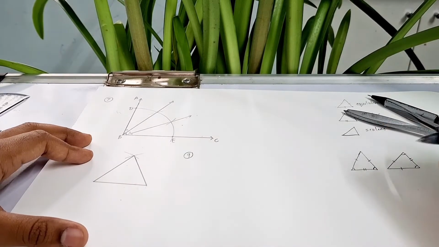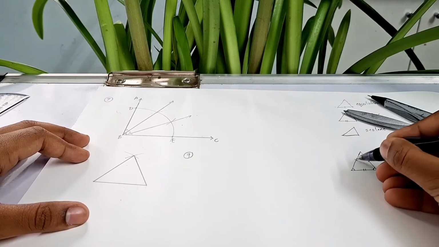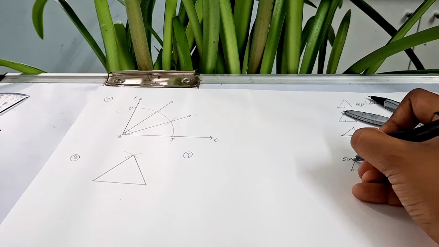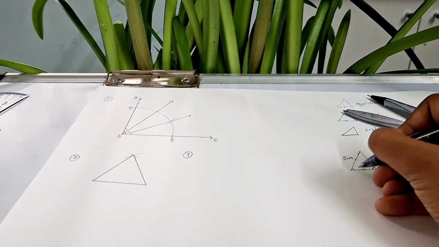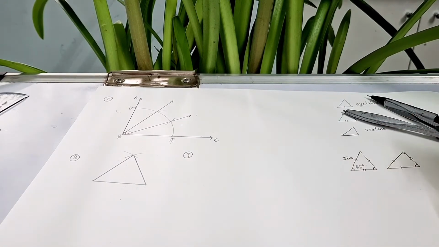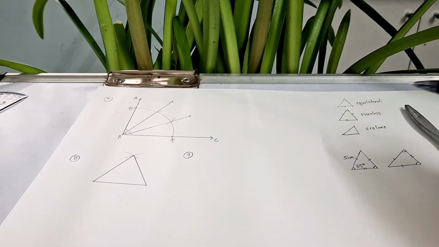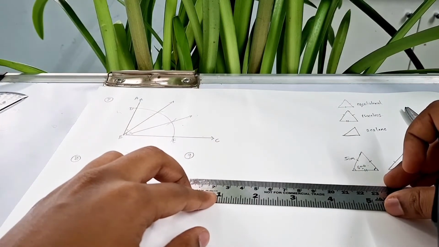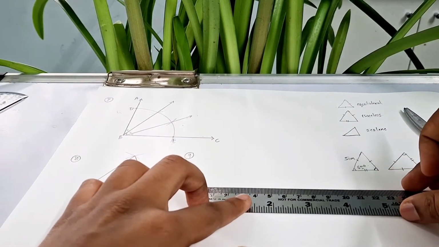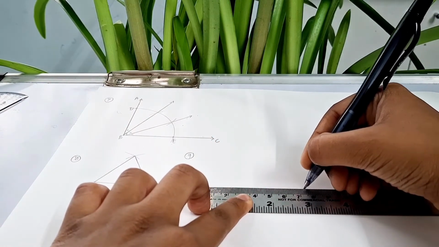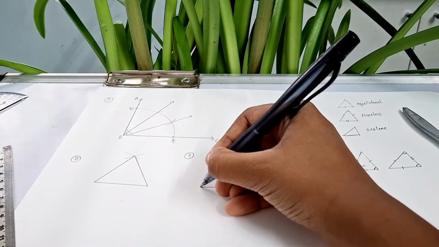So in the question they have given one of the equal sides, which is mentioned as 5 centimeter, and one of the equal angles as 65 degrees. Not that difficult a construction, but students tend to forget this one. So in this construction they have not given us the measurement of the base of the triangle, so I will take any measure.